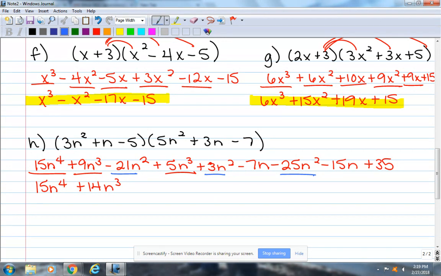And then negative 18 minus 25 is negative 43n squared. And then my n's, I have a negative 7n minus 15n is what? Negative 22n. And then I just have my plus 35.